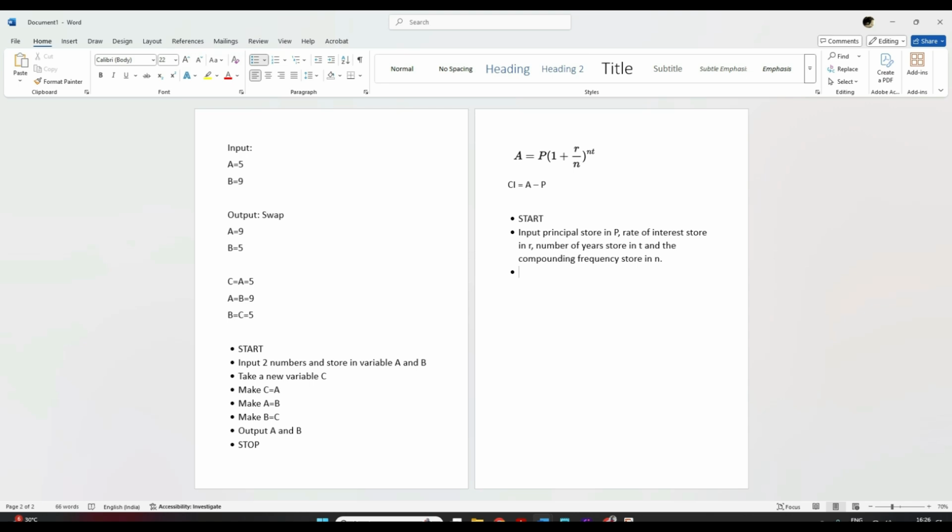Now I have to calculate the amount. So calculate the amount as, so you have to write the formula. You just have to mention the formula.